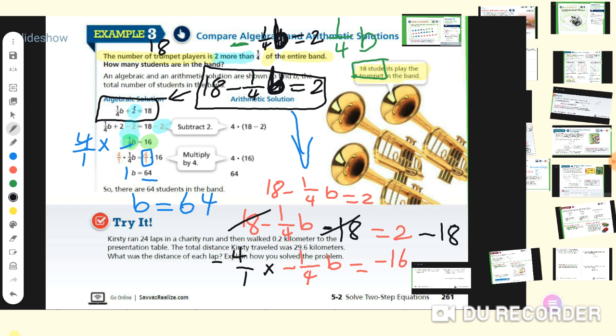Negative times negative is positive, and 4 with 4 gives 1. So B equals. Here also I will multiply by negative 4 over 1. Negative times negative is positive. 4 times 16 is 64. The same answer.